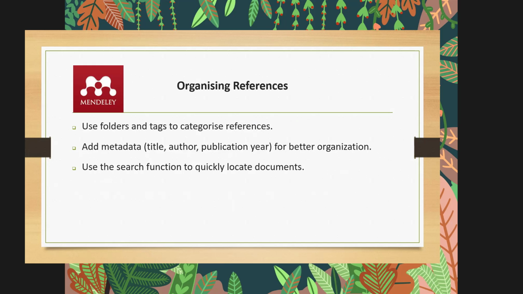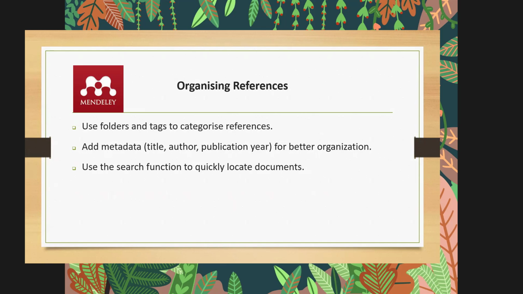Organizing references. You use folders and tags to categorize references so that your references are not mixed up. For example, if you're working on a paper and it has the introduction, it has the findings, it has the methodology.